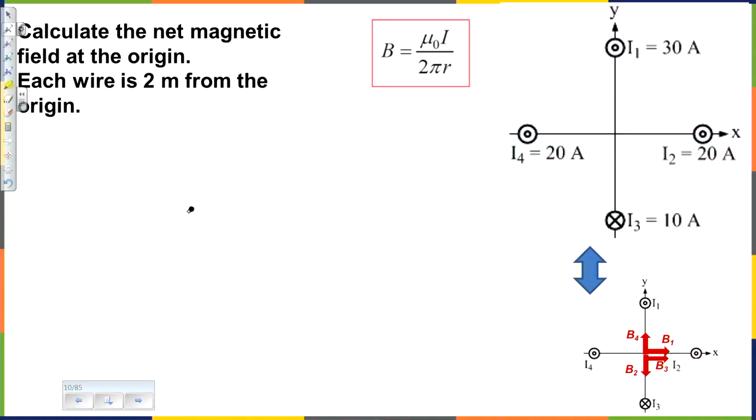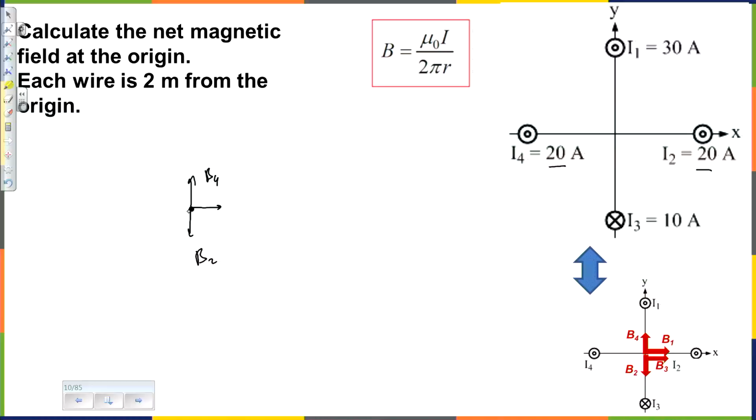The origin. And first I want to see what's happening to these two currents. They provide the magnetic field which is opposite to each other, same magnitude, so they just cancel out again, and we still have B1.